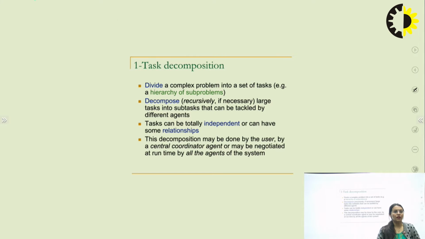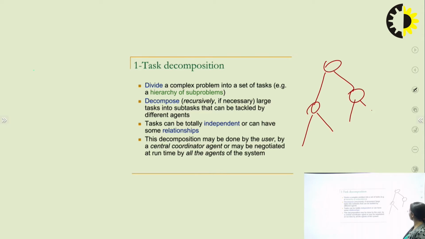In that way, I am able to draw a chart where a central coordinator will be here, having two subtasks. These tasks are further divided into subtasks, and further on I am able to divide all the tasks into subtasks until the last level, which will not be further subdivided.